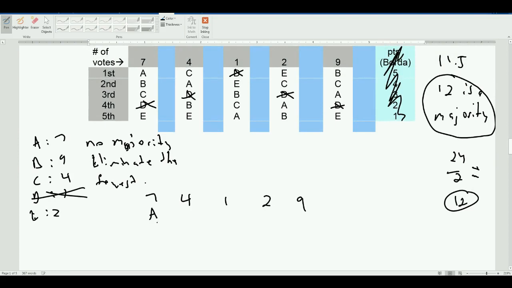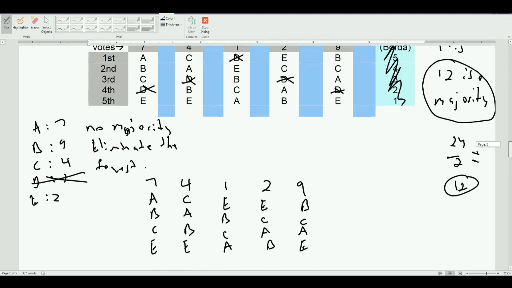So it stays A, B, C, and that becomes E, and then C, A, B, E, and then E, B, C, A, and then E, C, A, B, and then B, C, A, E.